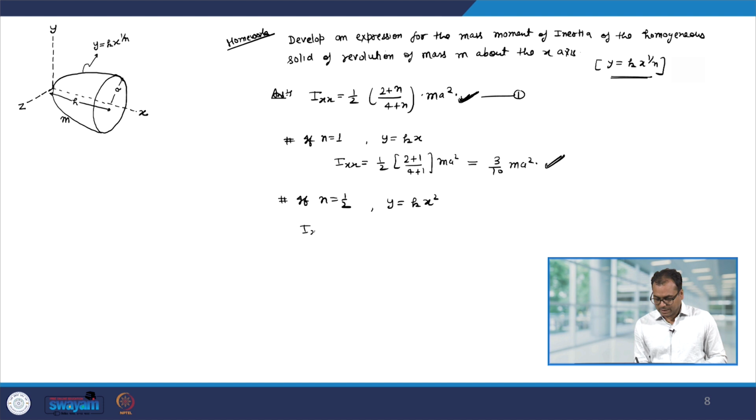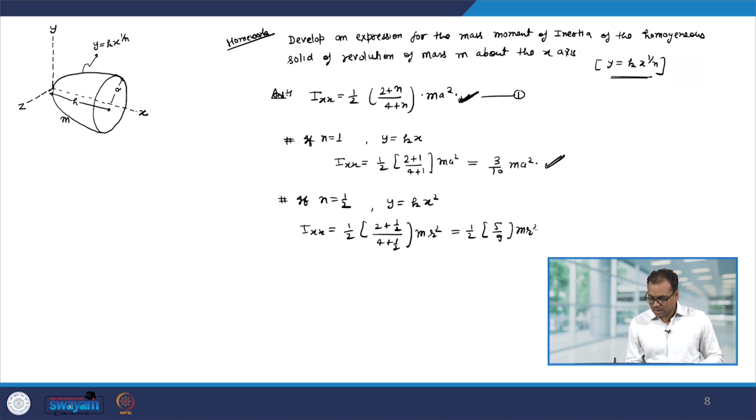So, I have Ixx equal to half, (2 plus half) divided by (4 plus half), m r square, and this becomes 1 by 2, 5 by 9, m r square. So, here a is r. So, that is equal to 5 by 18 m r square. This is exactly what we got when the equation was k x square.